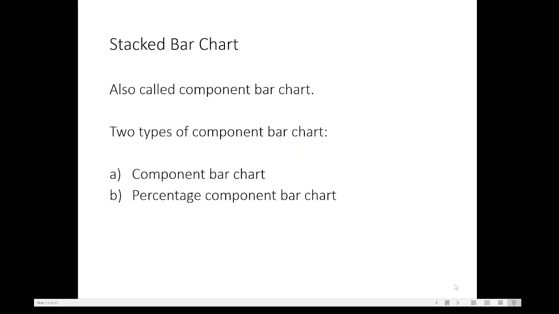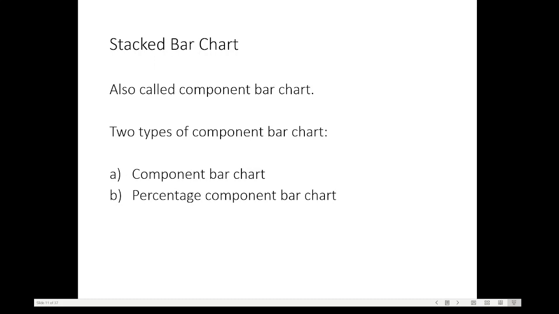And then you can also have component bar chart, or sometimes we call this also a stack bar chart. So there are two types of component bar chart. One is the simple component bar chart, and the other one is called the percentage component bar chart. Okay, for the component bar chart without the percentage, normally the height of the bars won't be the same.